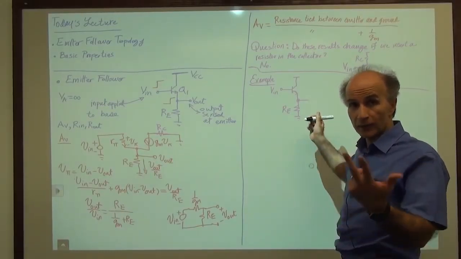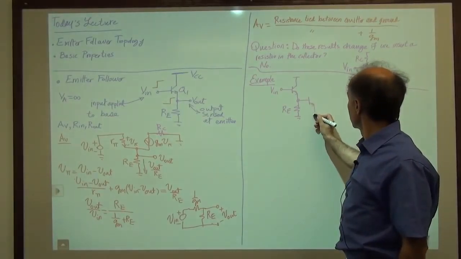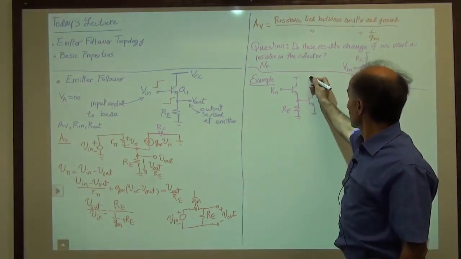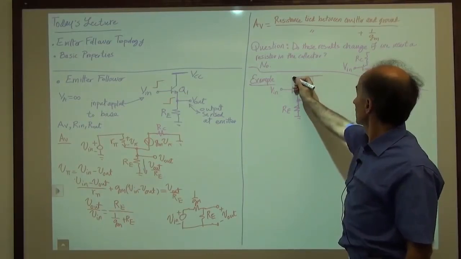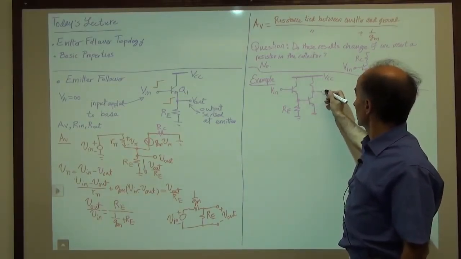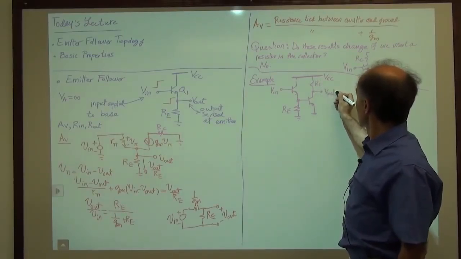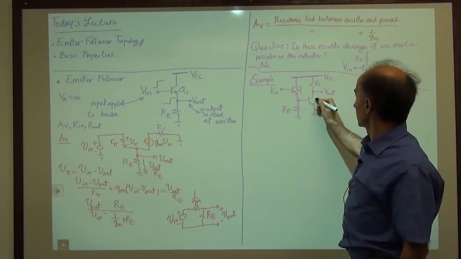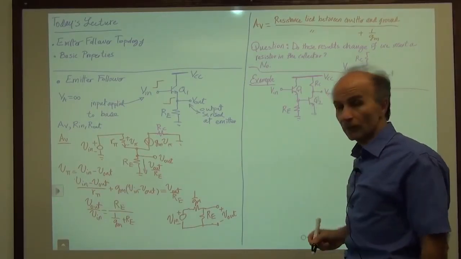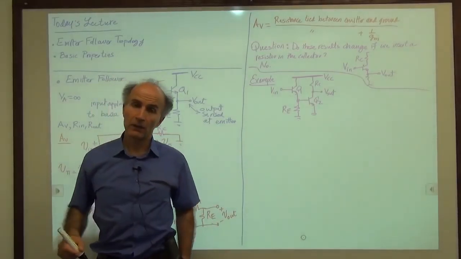I would like to build a two-stage circuit. So I add another stage here, a common emitter stage. These go to VCC, hopefully properly biased. And this is RC, and this is V out, Q1 and Q2. And we'd like to find the total voltage gain of this circuit.